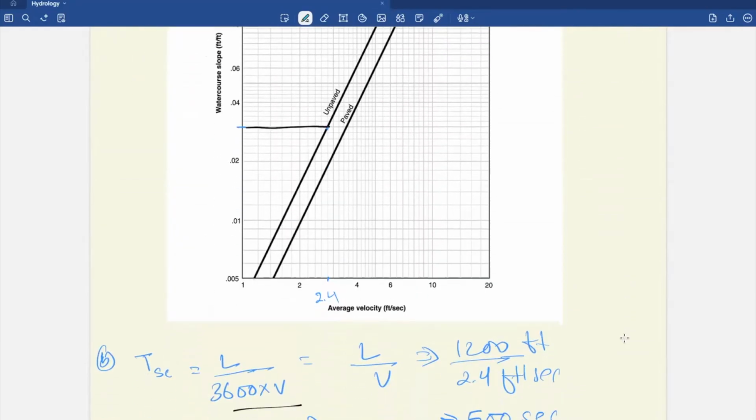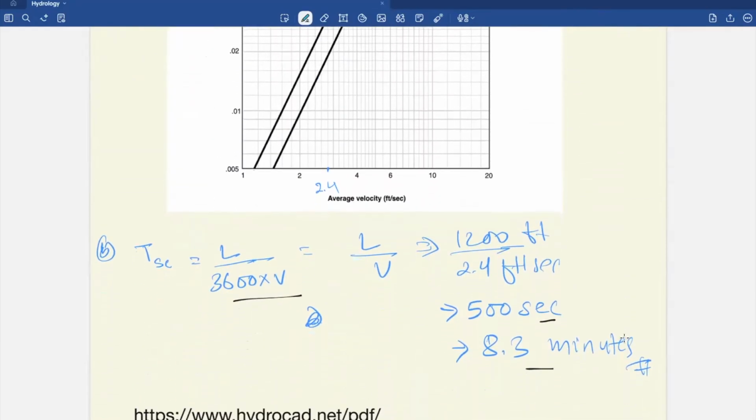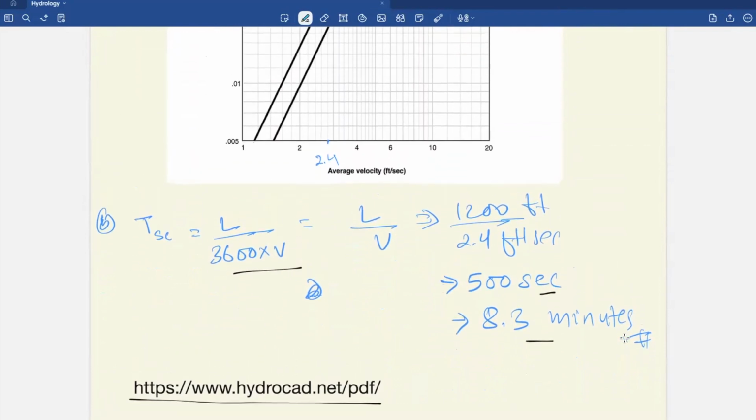So before I wrap things up, let's connect some of the dots and step back to see the big picture. We have covered three tools today, and they are not independent. They form a connected workflow. Time of concentration tells us how long the watershed takes to respond. This drives which rainfall intensity to use.